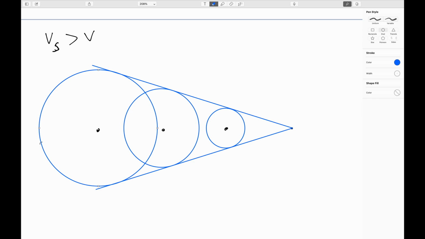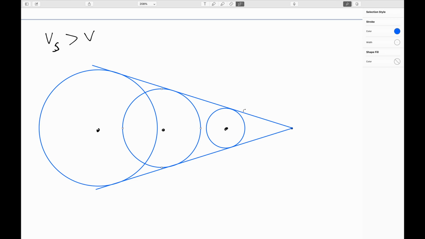That's probably as good as it's going to get. We can make this look a little less awful, I suppose. Well, I tried.